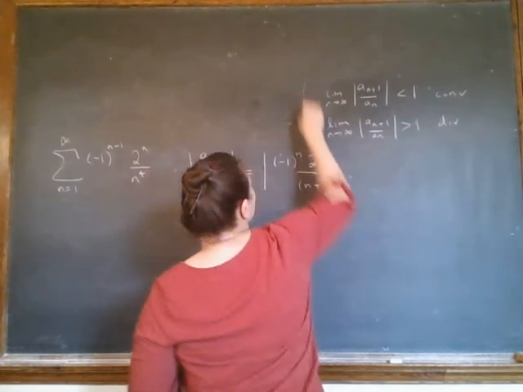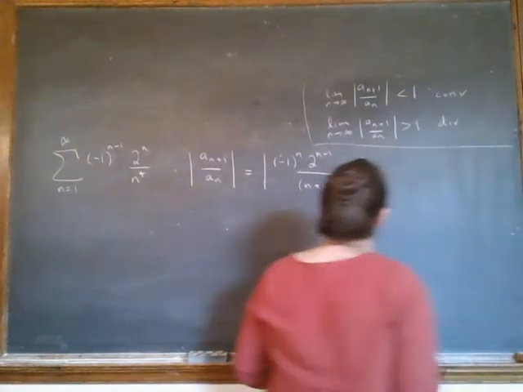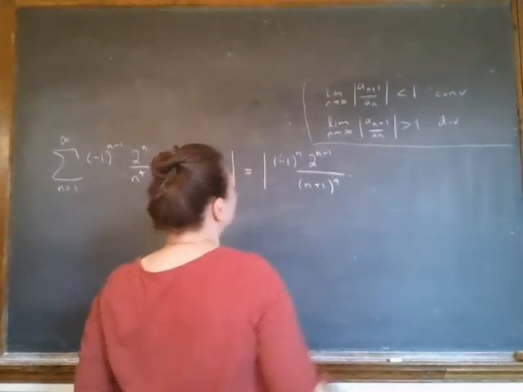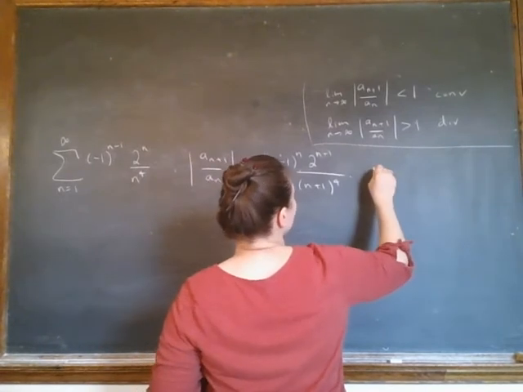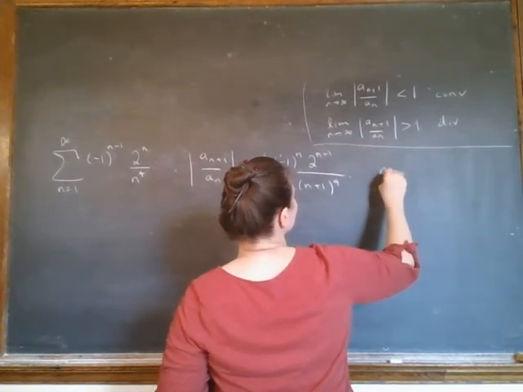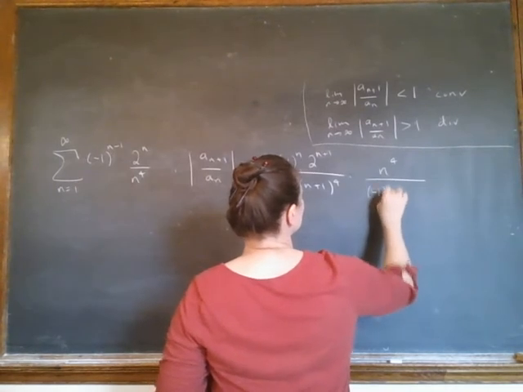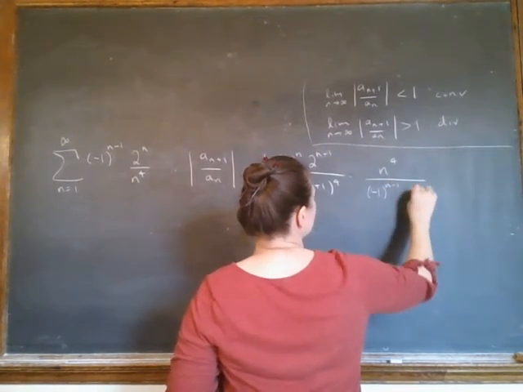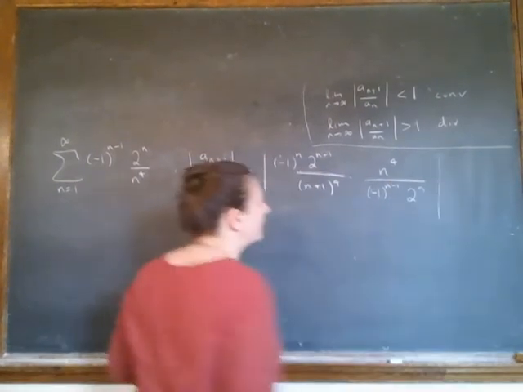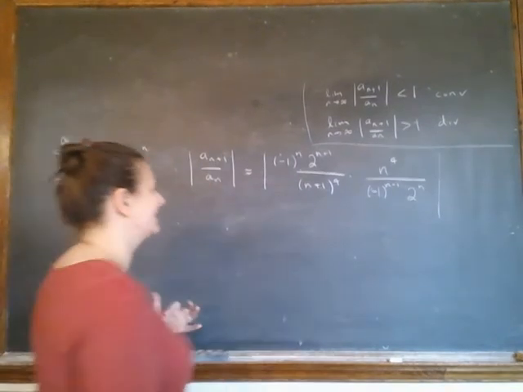Yeah, I'm kind of running out of space with that thing. Let me move it up next time. And then here I'm going to have n to the 4th and (minus 1) to the n minus 1 and 2 to the n. Okay, so here we have a little bit less stuff to cancel.